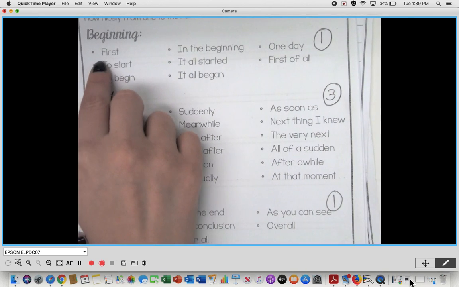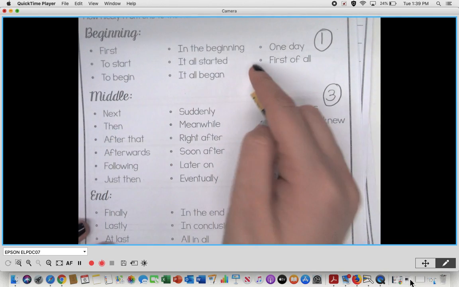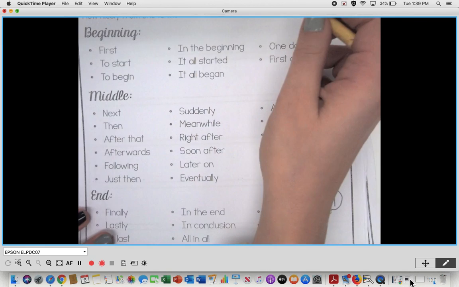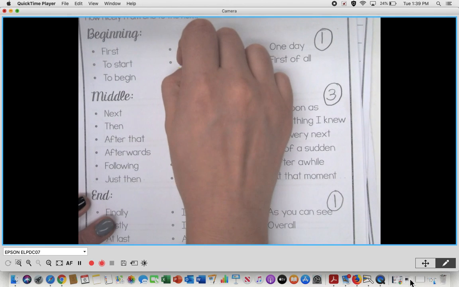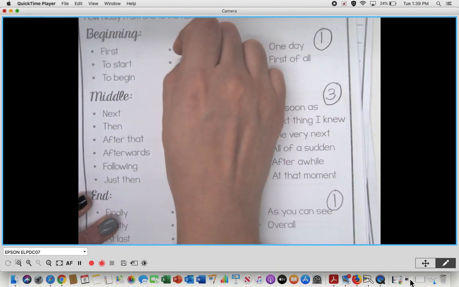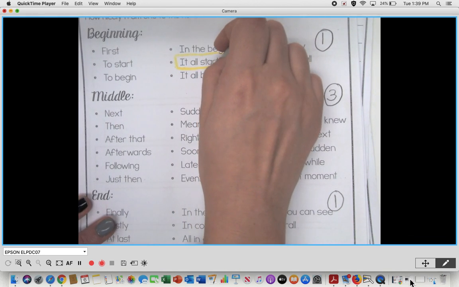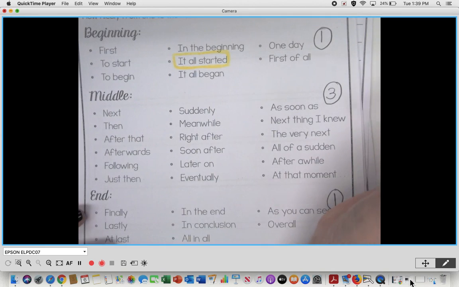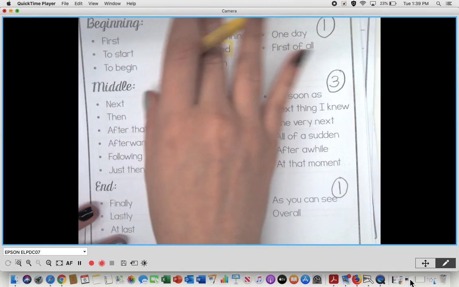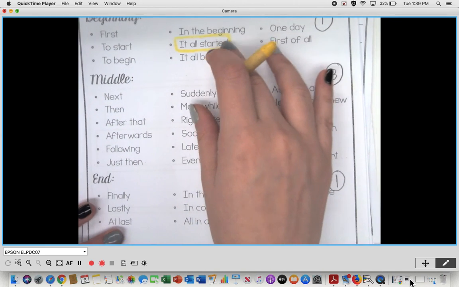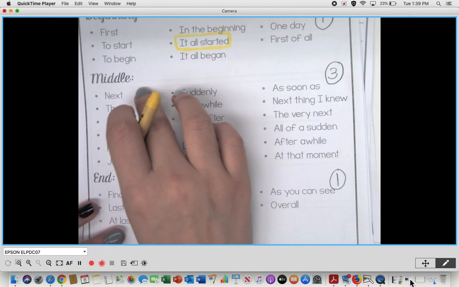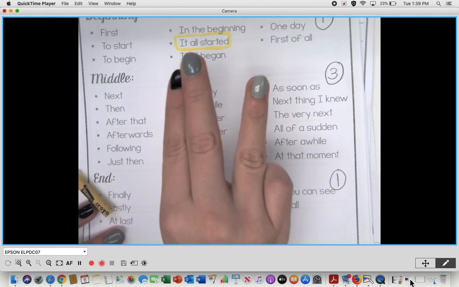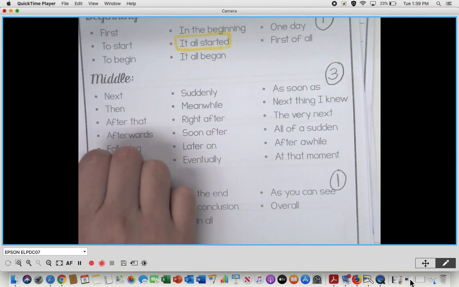So I'm going to go ahead and select mine. I'm going to say, it all started. I think that's very suspenseful, and so it makes me kind of excited. I already have a lot of ideas of how I can start my sentences with that. And then I'm going to look for 3 middle transition words.